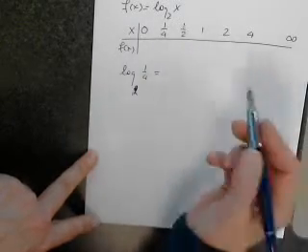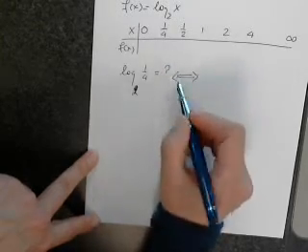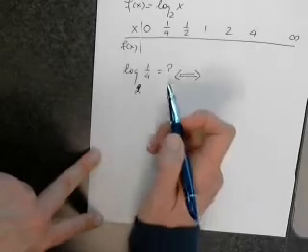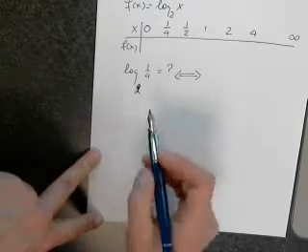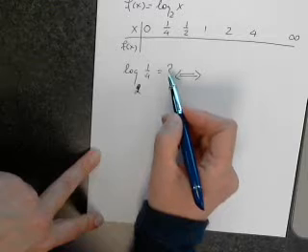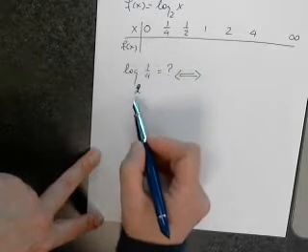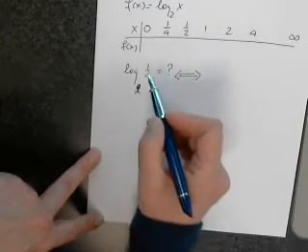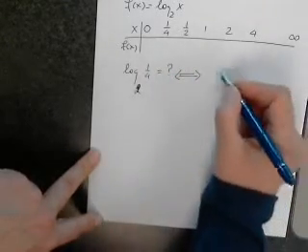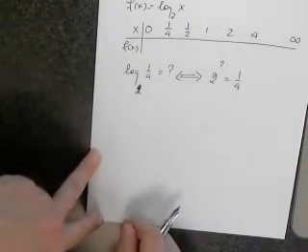Well, I know that this is a number, but I would like to change this into an exponential equation so I can determine this number. 2 raised to a number equals 1/4. What is that number?